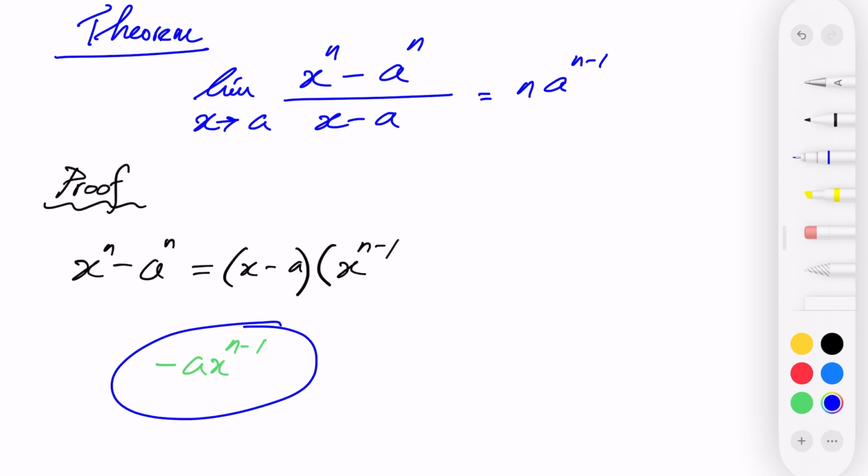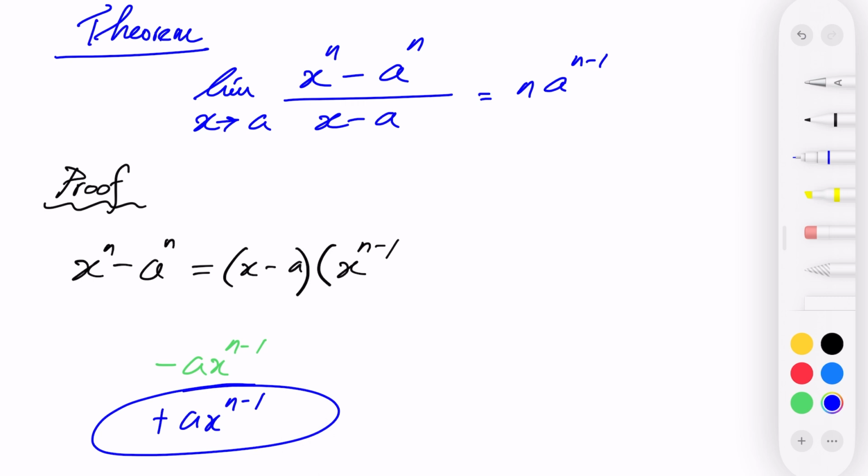To get rid of that term, the remaining polynomial needs to have a term which will eventually create a positive of this term, a x^(n-1). I need plus a x^(n-1). But how do I create this term?